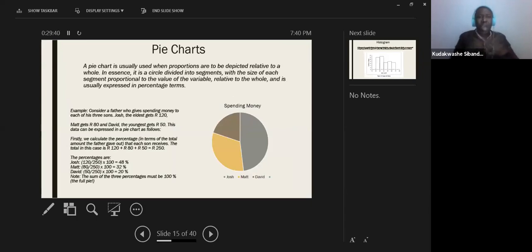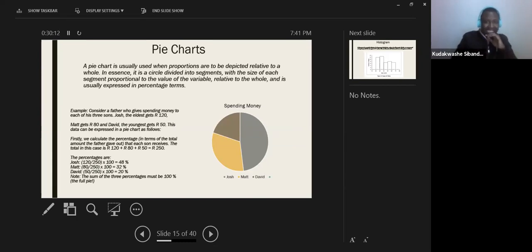All right, so pie chart. There's another type of presentation or method of presenting data, which is called a pie chart. But now this chart is used to depict a certain type of information. So you use it usually when you want to depict proportions of a certain value as compared to the whole value.